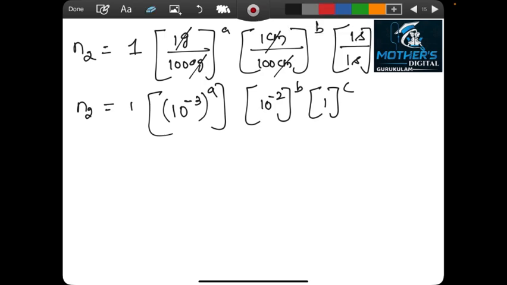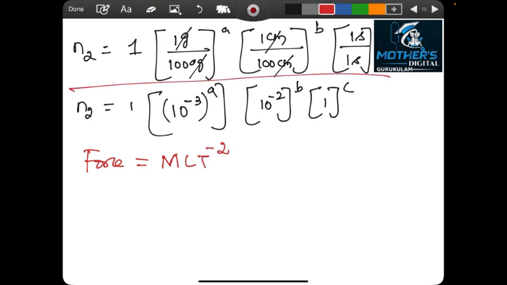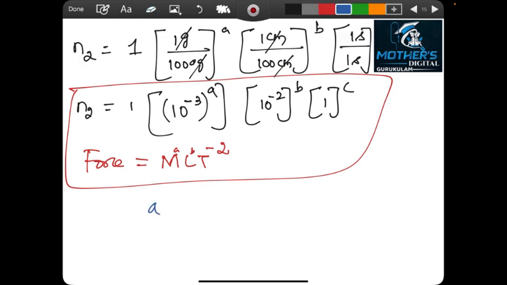Now we'll take our force. The dimensional formula for force is M L T power minus 2. Comparing these two, here I'll put A, this is B and this is C. So comparing, we get A equal to 1, B equal to 1, C equal to minus 2.